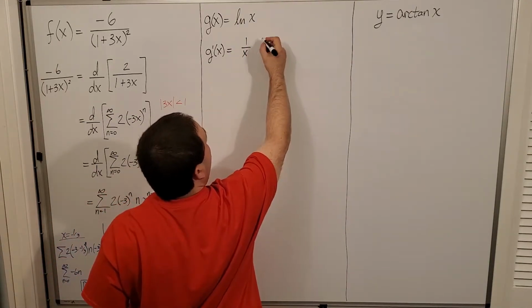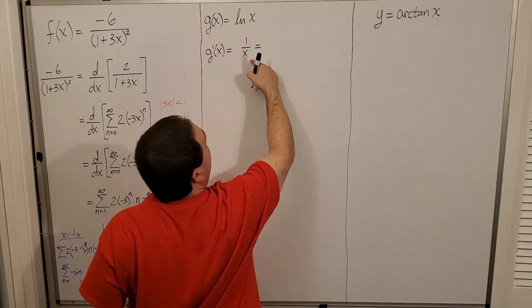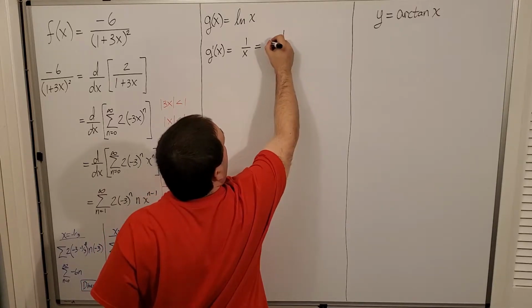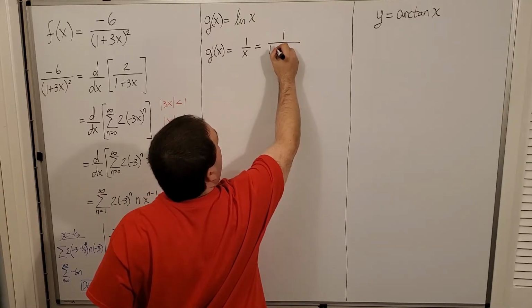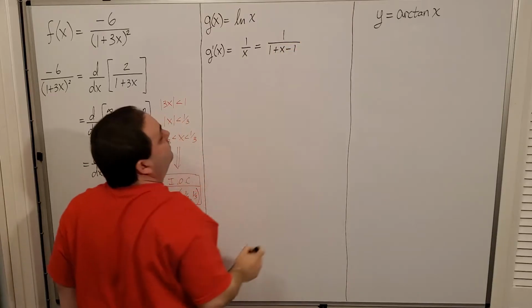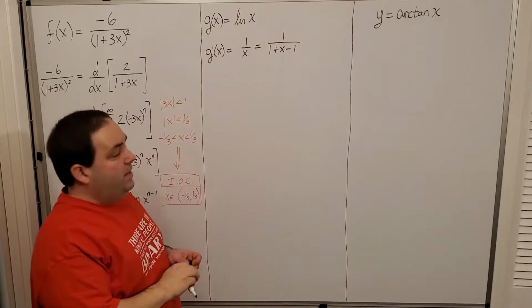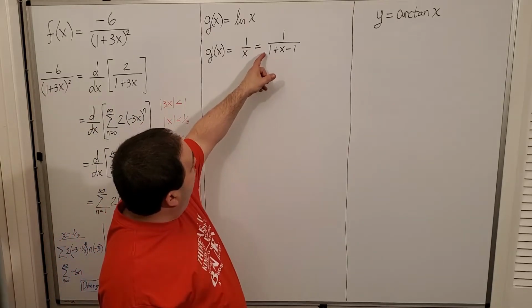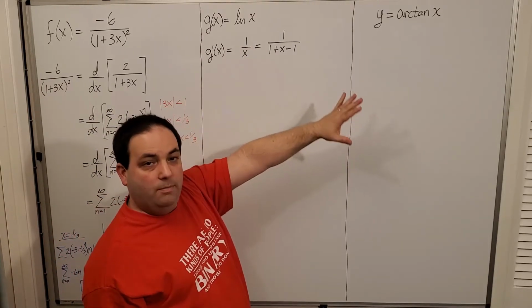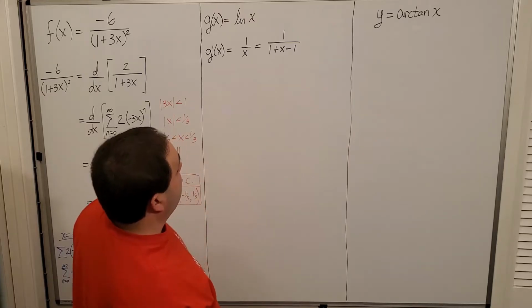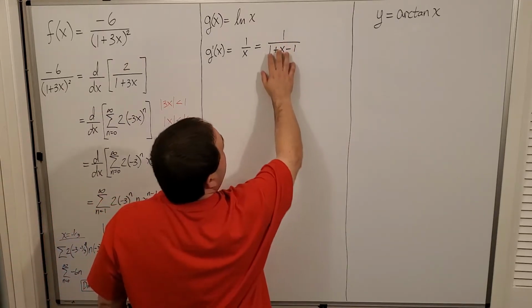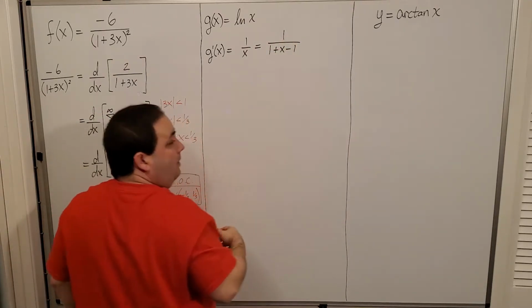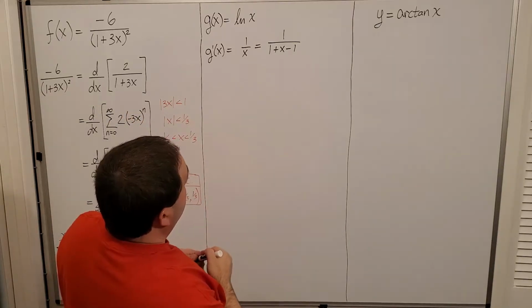Okay, so here's what I'm going to do. I'm going to rewrite 1 over x as 1 over 1 plus x minus 1. Because to use the geometric part of the rational thing, I need a 1 minus something over here, right? So I'm going to take this right here and rewrite it.